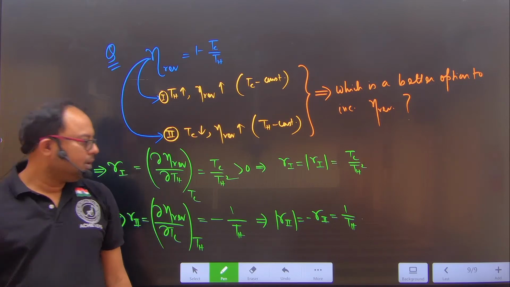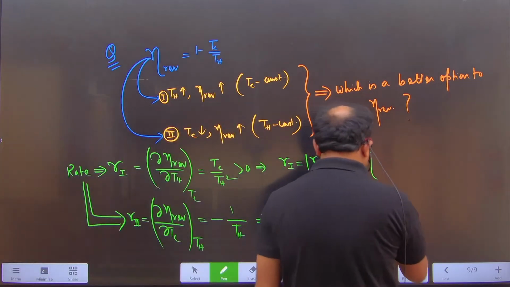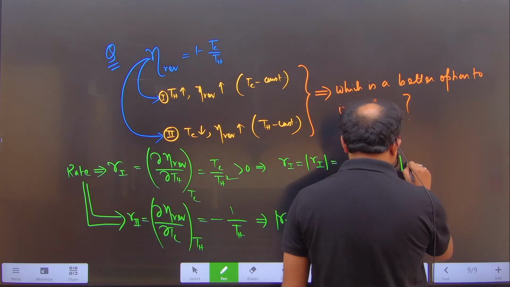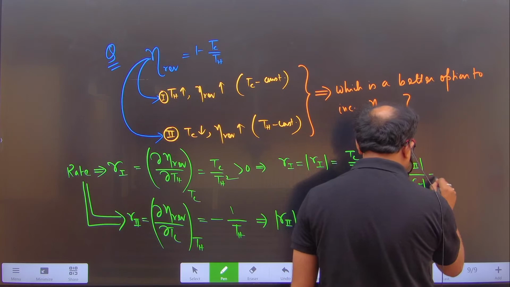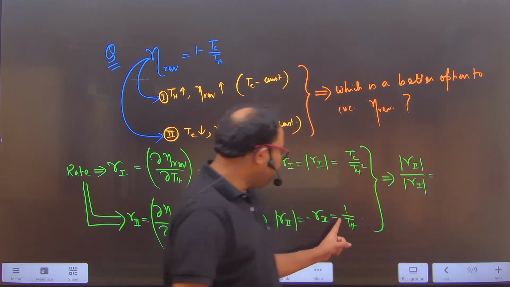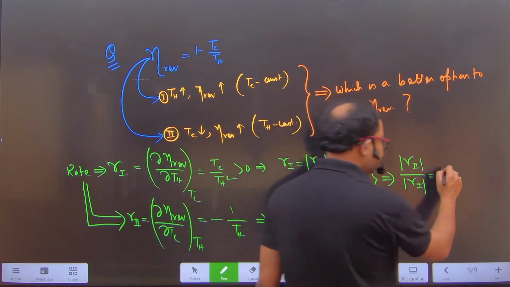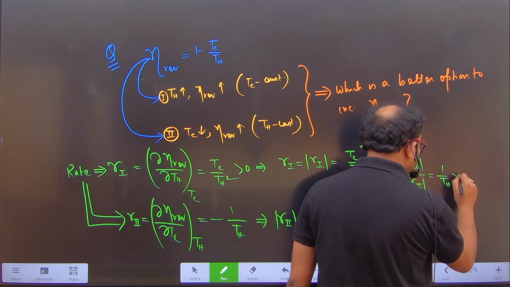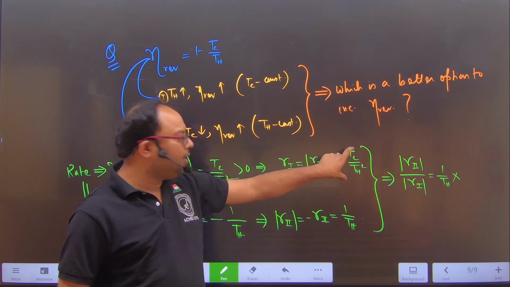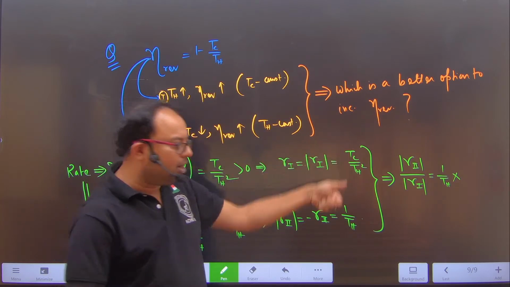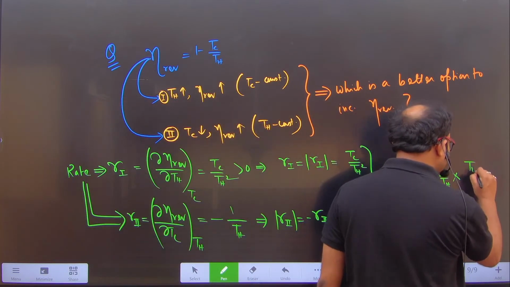Fine. Then let us take the ratio mod R2 by mod R1. Mod R2 is 1 by Th. Mod R1 is Tc by Th square. It is in the denominator, so the fraction will be reversed. It will become Th square by Tc.